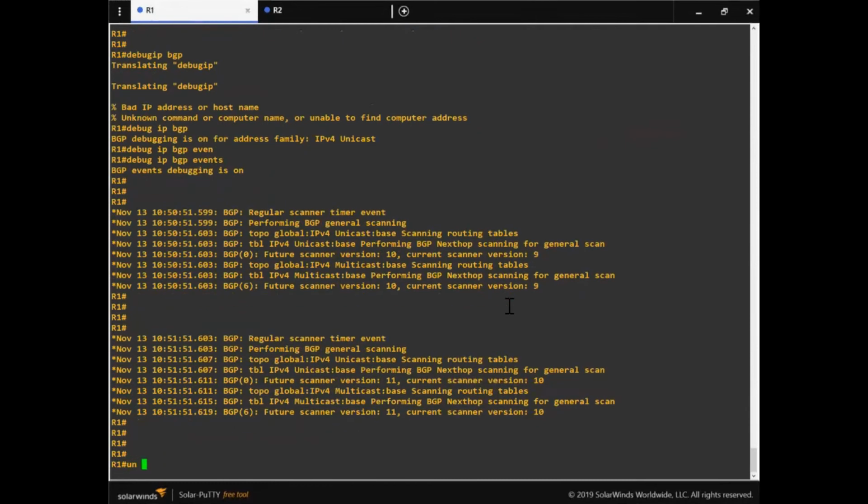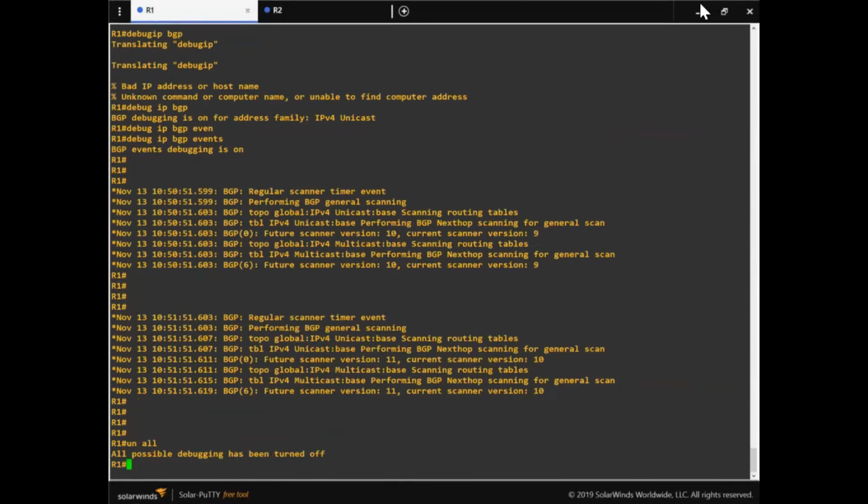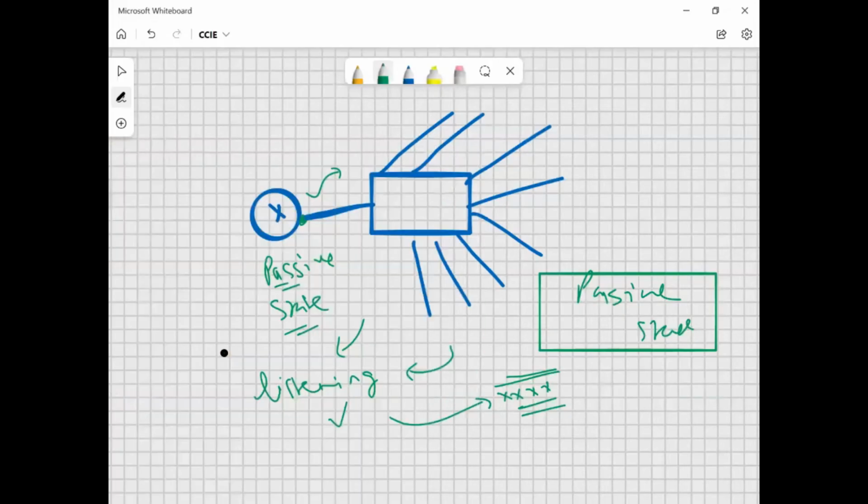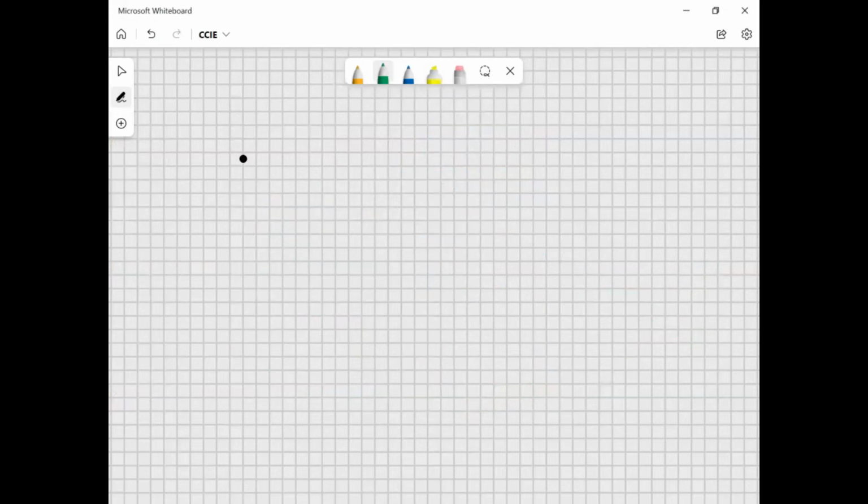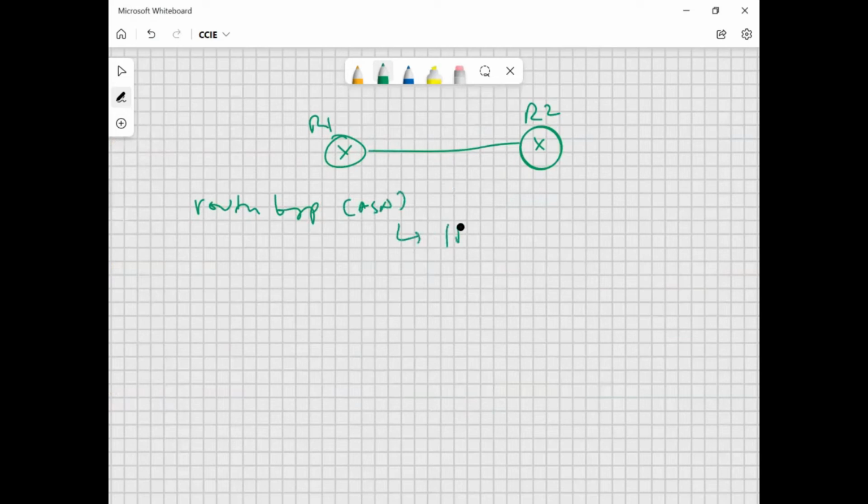Okay. So today we are talking about BGP, and in BGP, we are talking about the BGP states. We talked about a couple of the states. If there are two routers, router 1 and router 2, and we run the command router bgp ASN number, our router BGP will go into the idle state.